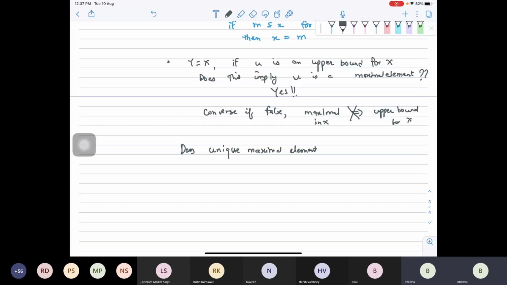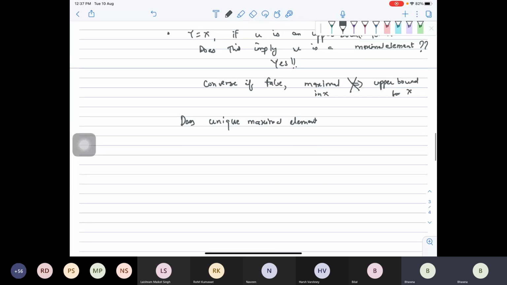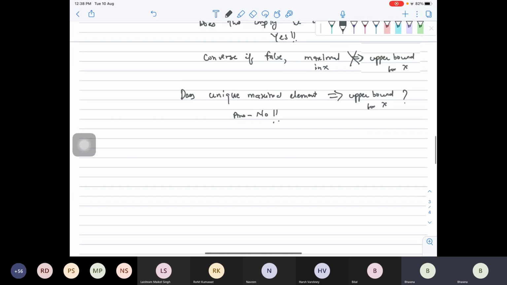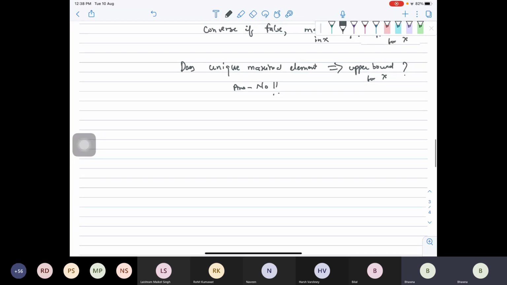So should I reply to this or should I give you some time? I think I should give you some time to construct a counterexample. It's very easy to construct a counterexample. Does this imply upper bound in X? This does not happen. The answer is no. I'll leave this for you to construct. If you cannot, then I'll reply again.